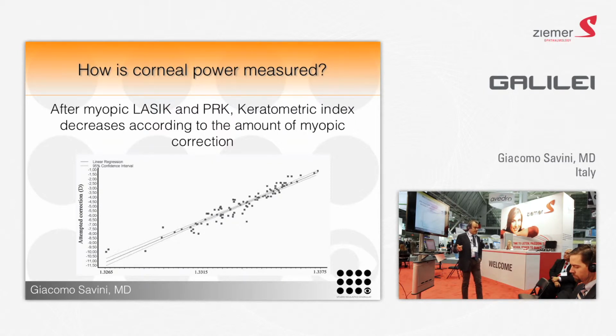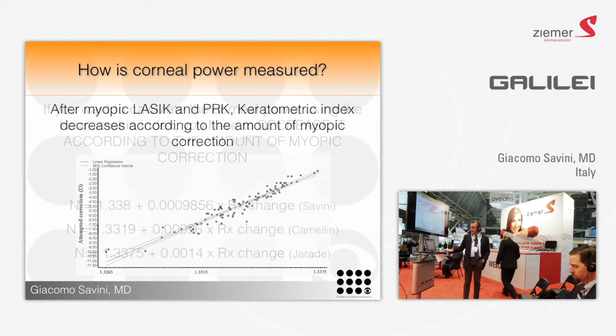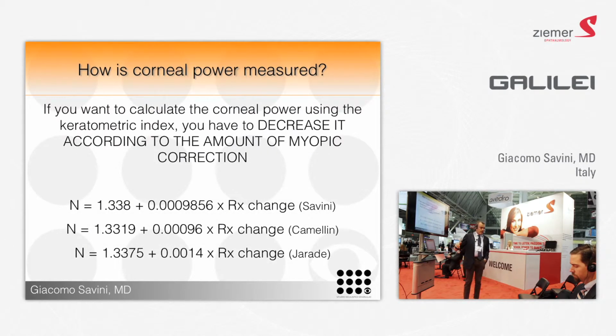This is published in the Journal of Refractive Surgery. In this way, if you change the keratometric index according to the amount of myopic correction, or hyperopic correction in the other way, you still get a good number which you can use. I have described this formula, and other authors have described very similar formulas which give similar outcomes.